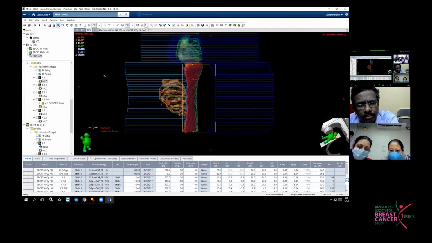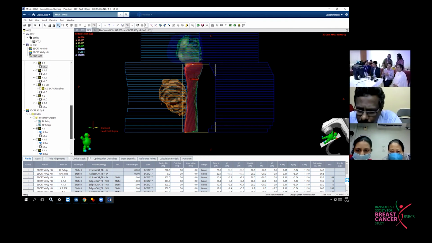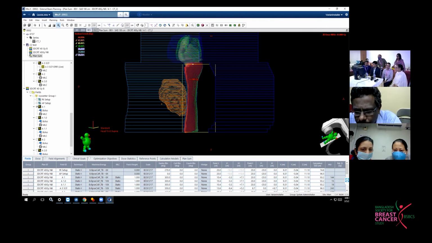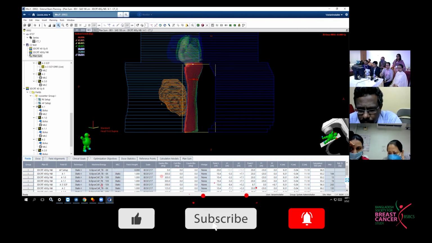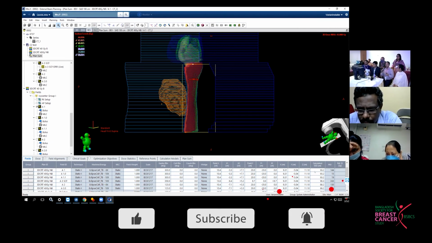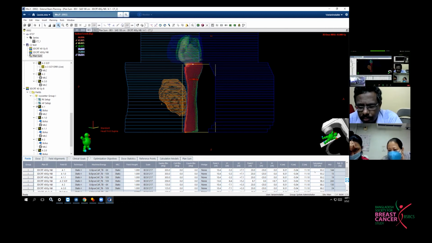But FIF is generally recommended, especially for this kind of tumor, this kind of anatomy where a large part of the heart is coming within the radiation field. So, Reena, would you want to comment on what should be the weightage of the subfields? MUs, I think MU seems to be coming in one field. So it is a hidden field, so there is no issue with the MU.